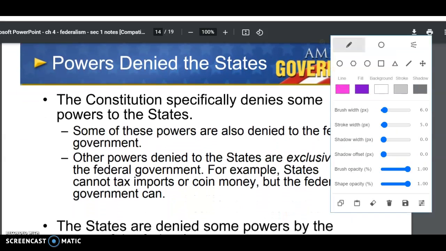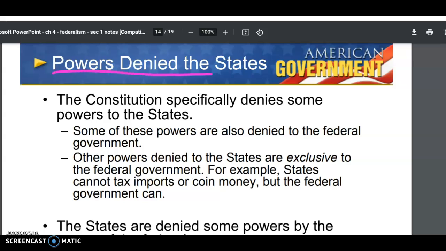So our next heading is the powers denied to the states. The Constitution specifically denies some powers to the states. Some of these powers are also denied to the federal government, but some powers denied to the states are exclusive to the federal government.